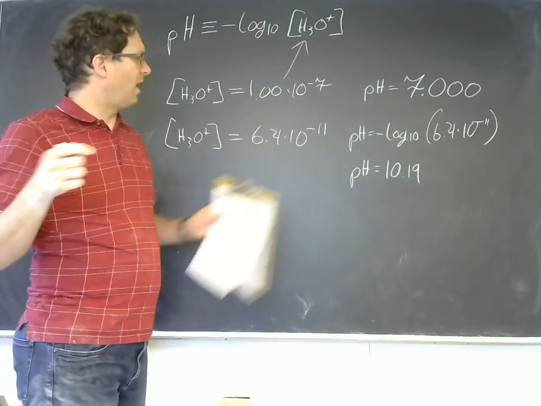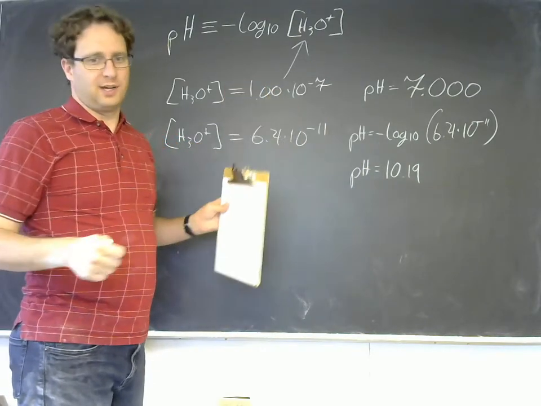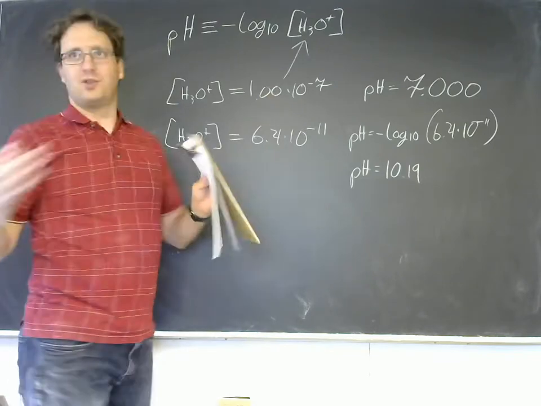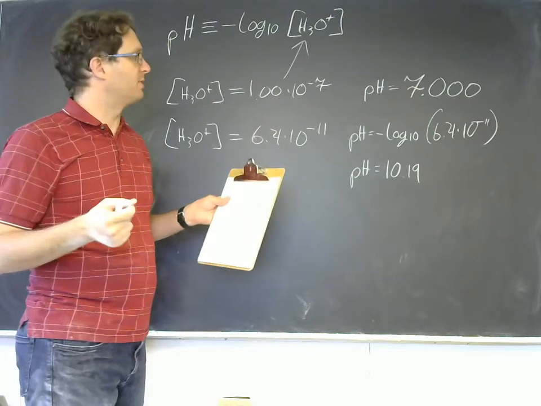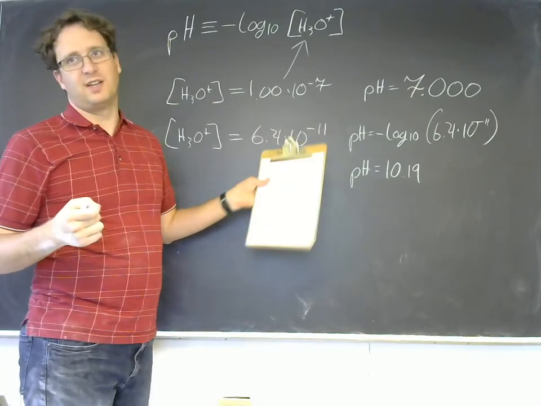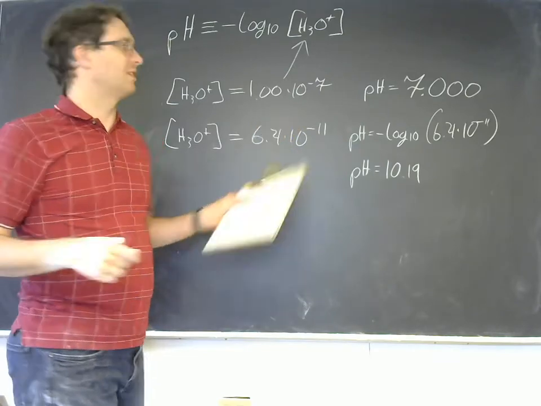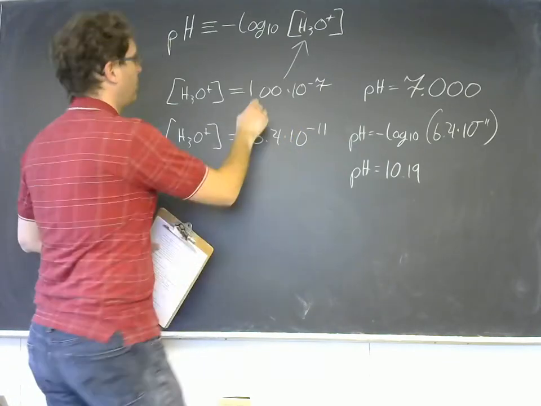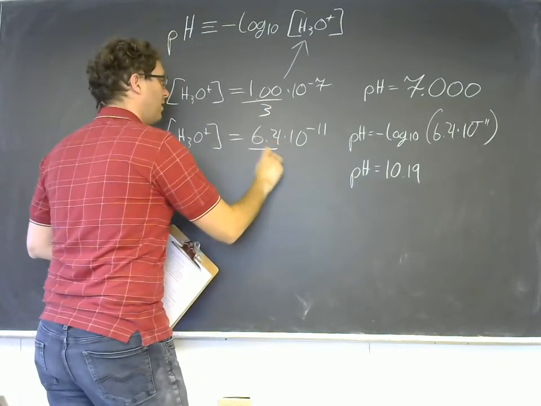Whenever you're doing logs, the sig fig rules get a little bit tricky. And so I'm not going to dwell on this too much, or I won't be taking points off for sig fig problems that involve pH unless they're flagrantly wrong, like you just put 20 sig figs. But here we've got 3 sig figs, right? And here we have 2 sig figs.